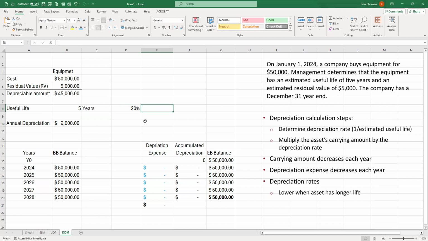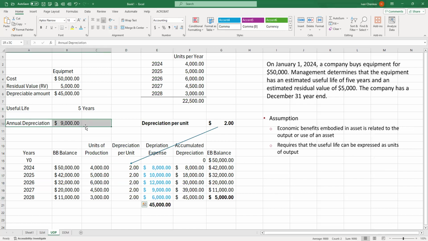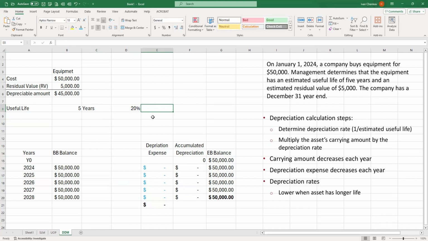Now, depending on which method we're using, we're going to need a multiplication number. So let's say if we're using the double declining method, then we have to multiply 20% times 2.